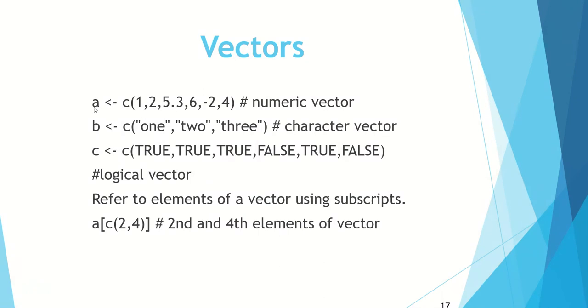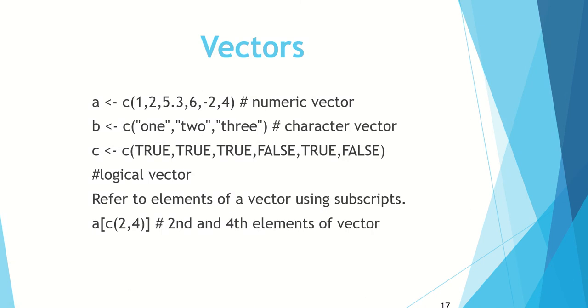Like here, if we see vector A, it has all numeric values, so vector A contains only numeric values. Vector B has all character data, and there is another data type which is logical. Logical data types contain only two values, true or false.